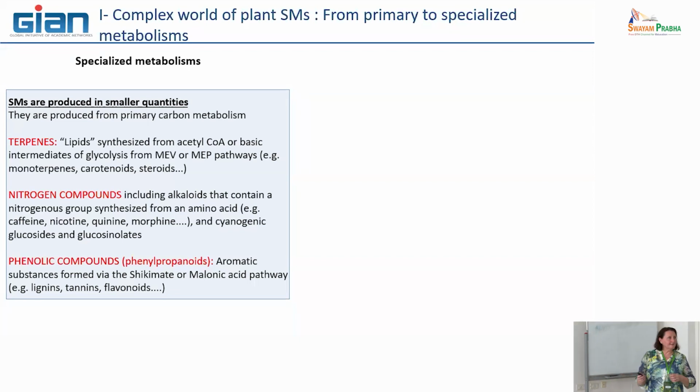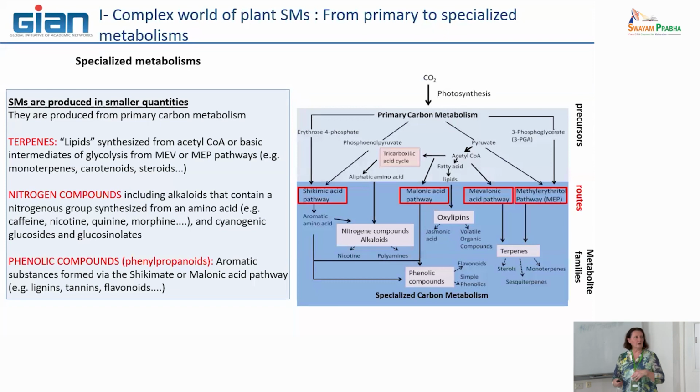Here is a link that is now well established between these primary carbon metabolisms and these specialized carbon metabolisms. As you have seen here, photosynthesis is the first point of entrance, and after that there are a lot of pathways that lead to the precursors. I showed you some just before.